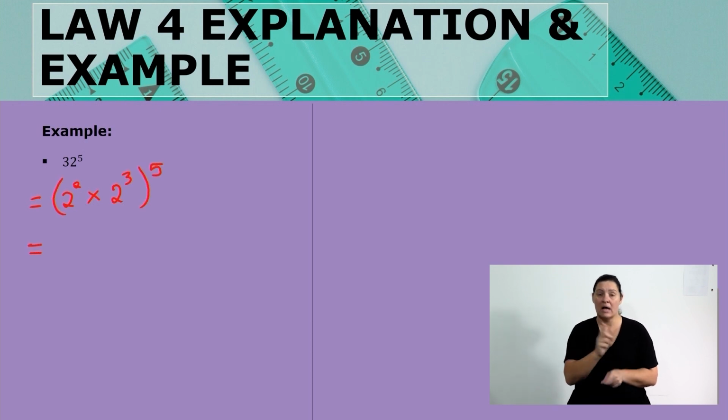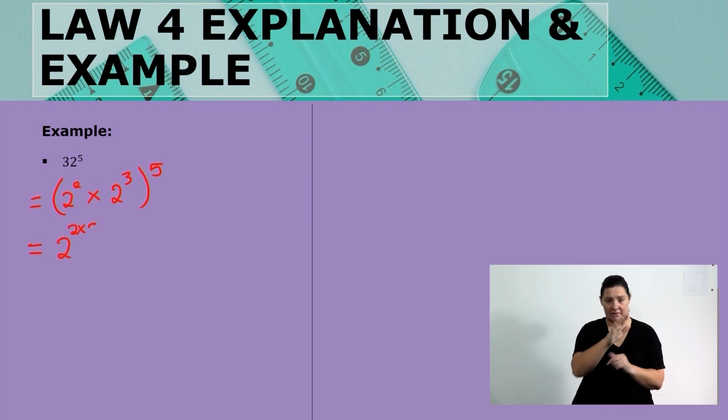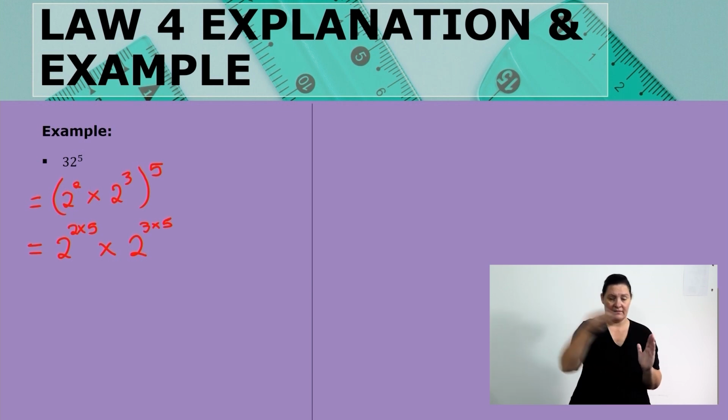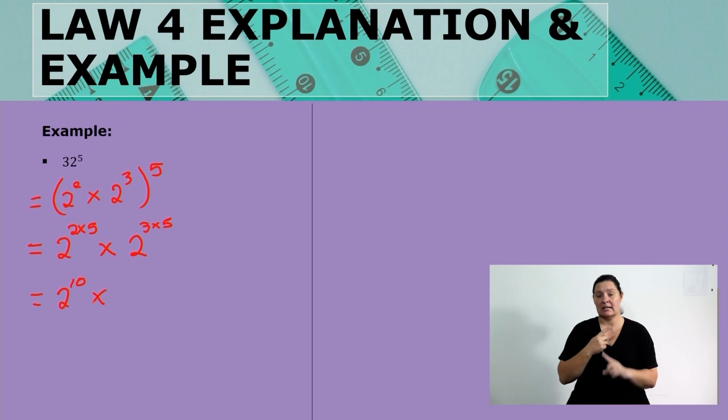So what is the answer going to be there? We are going to have 2 to the power of 2 multiplied by 5 multiplied by 2 to the power of 3 multiplied by 5. So each of those exponents inside the bracket are going to get that exponent outside the bracket. Our answer here is going to be 2 to the exponent 10 multiplied by 2 to the exponent 15.